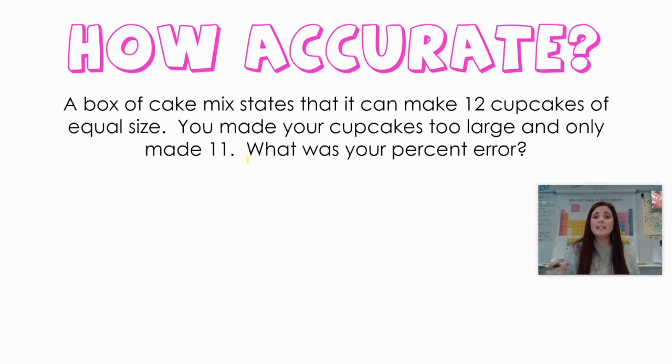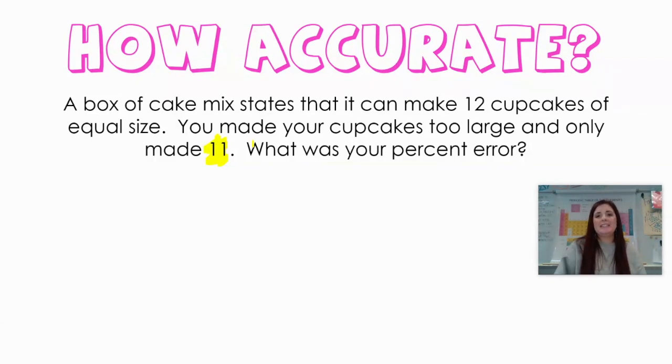So let's go ahead and identify what's our experimental value and what is our accepted value. So our experimental value should be this 11 right over here, because that's what we made as a result of this experiment, right? We're not actually experimenting here, but when we did it, we made 11. It's our experimental value.